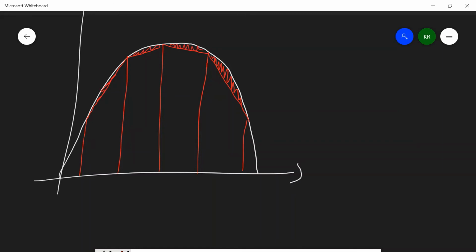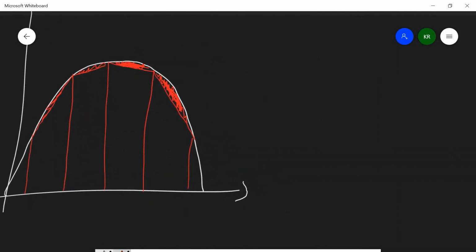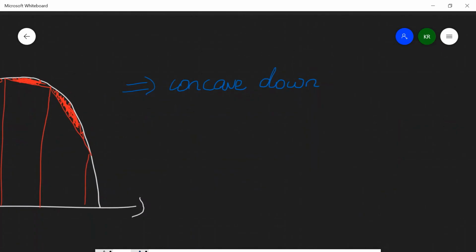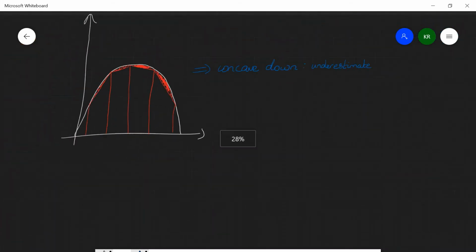When we add up the area of these trapezia, we don't account for the area between the top of the trapezia and below the function. So for concave down, it's going to be an underestimate, because there's area below the curve that we're failing to account for.